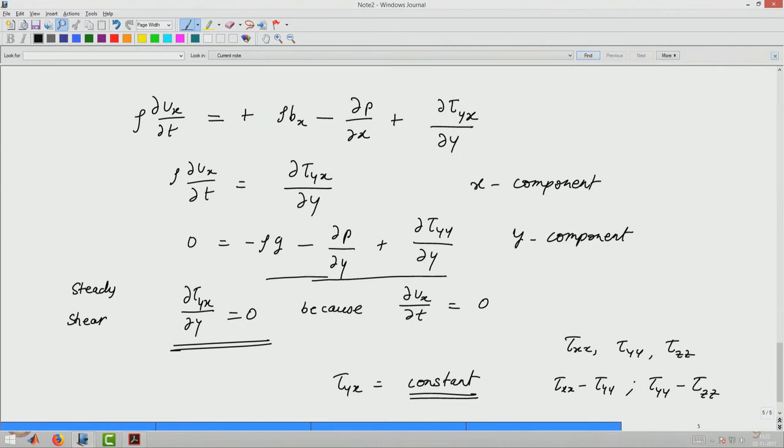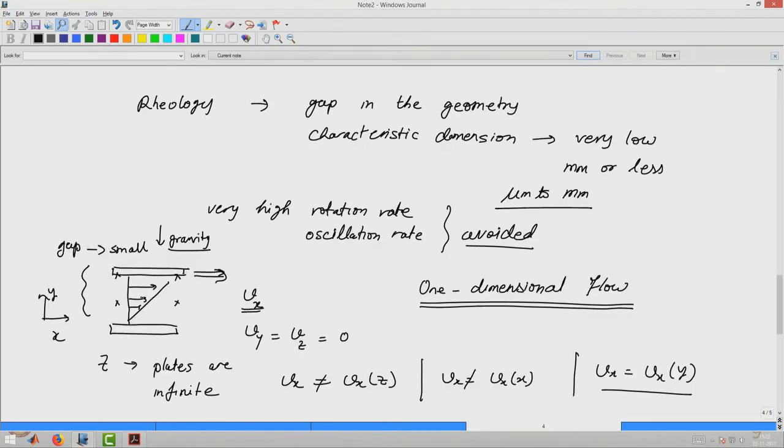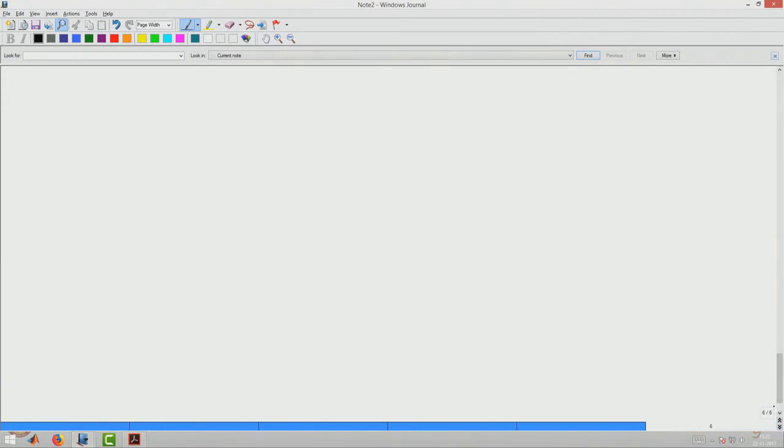Again, we can justify and rationalize it by looking at the overall flow diagram. If I look at any fluid layer at a given y location, this fluid layer is being subjected to stresses. It is moving at some velocity, the fluid layer above is moving at a slightly higher velocity and the fluid layer below is moving at a slightly lower velocity.